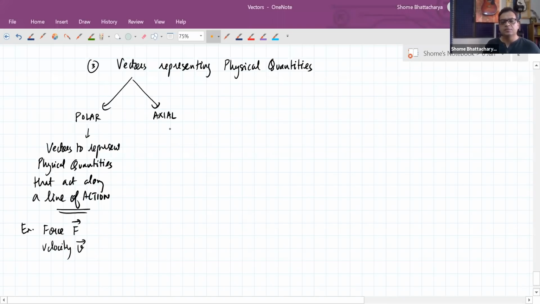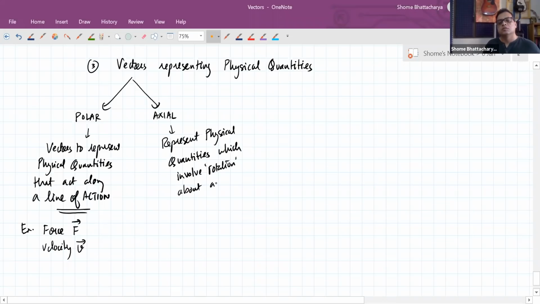Whereas axial vectors represent physical quantities which involve rotation about an axis, and the direction of an axial vector is nothing but the line of the axis of rotation.